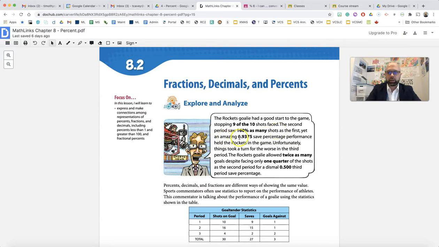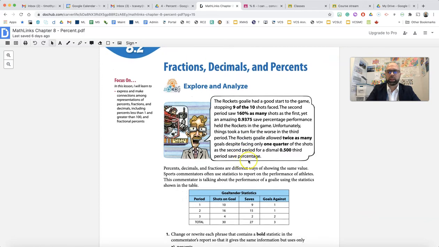Yet an amazing 0.9375 save percentage performance held the Rockets in the game. Unfortunately, things took a turn for the worse in the third period. He allowed twice as many goals, despite facing only 1/4 of the shots as the second period, for a dismal 0.500 third period save percentage.